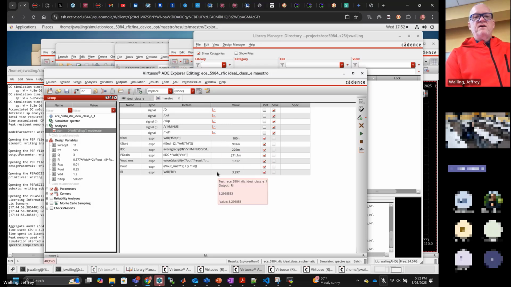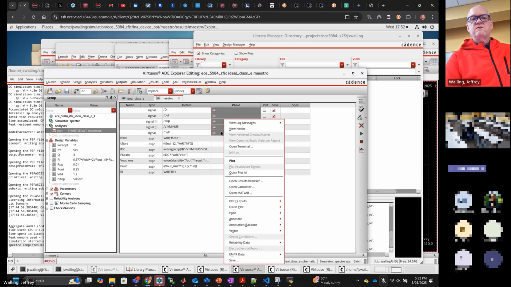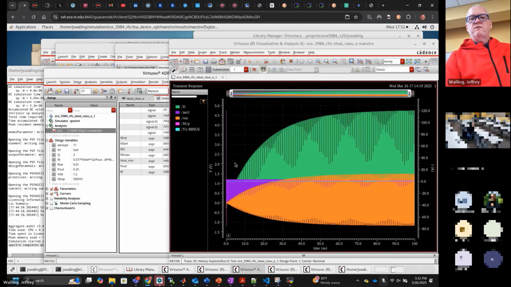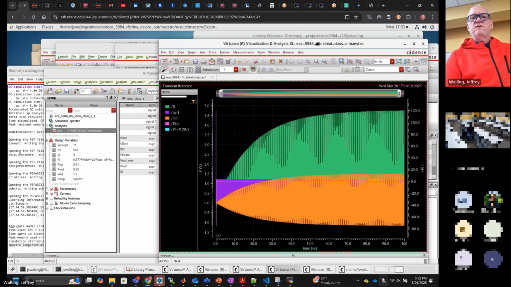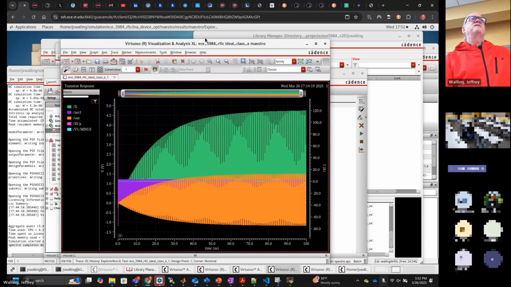Okay, let's first of all look at the waveforms. Let's see if these look like class E waveforms. I ran this a little while ago. All right, so one thing you can immediately see is I've run this for 500 periods and it hasn't quite settled yet.